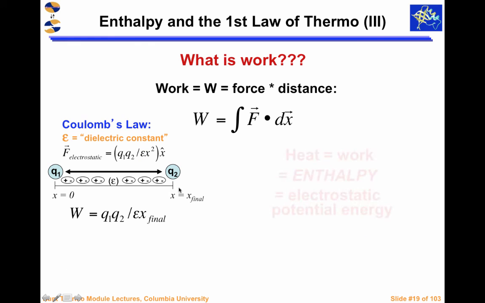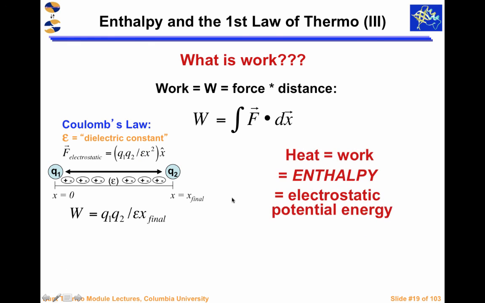So let's summarize. This is yet another example of the first law in its nitty-gritty details and in action. Heat is work. Again, this is classical mechanical or quantum mechanical energy. In solution thermodynamics, we call that kind of energy enthalpy, to distinguish it from free energy, which we will see in due course is something very, very different.